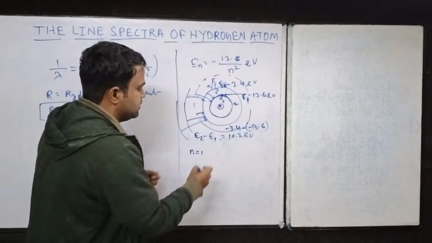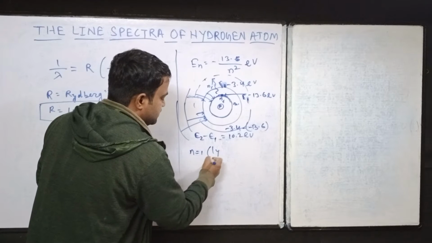So if n equal to 1, if the electron is jumping to the first orbit, then we can say it's a Lyman series.